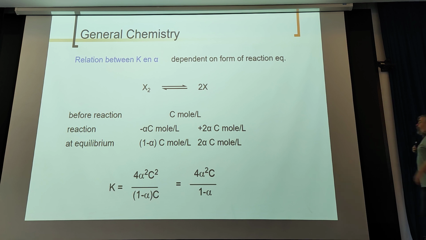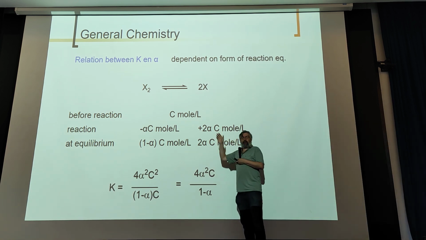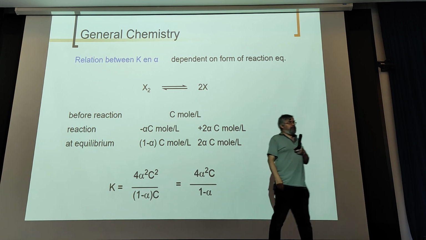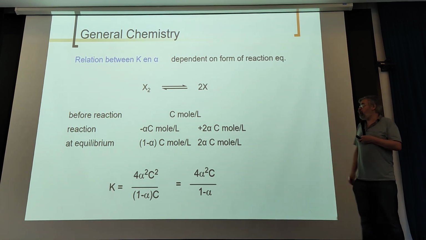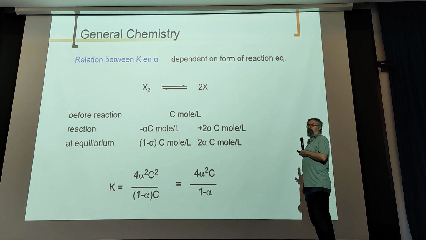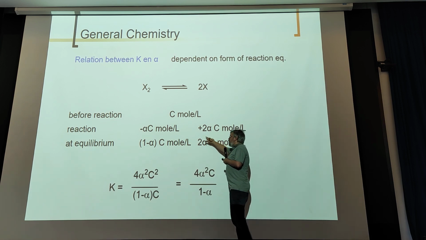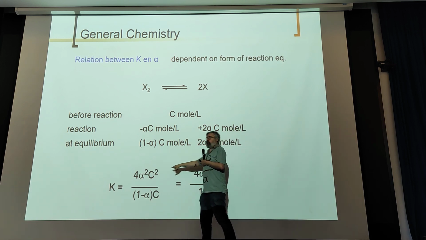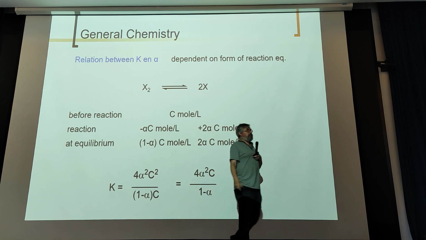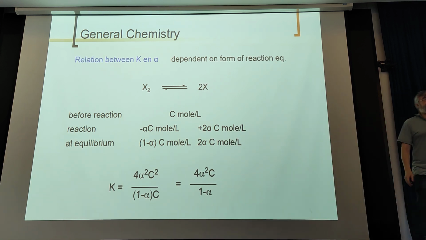So how much is being formed? In fact, double, because for every X2 we have 2 times X. So we have 2 times the concentration multiplied by alpha. So we can fill that in. 2 alpha concentration we have to square, so that becomes 4 alpha square concentration square.